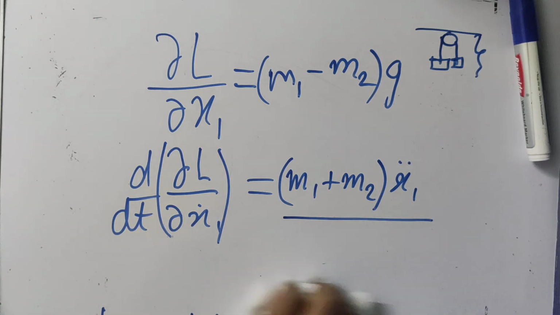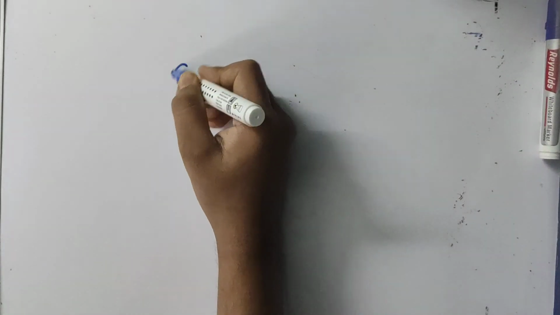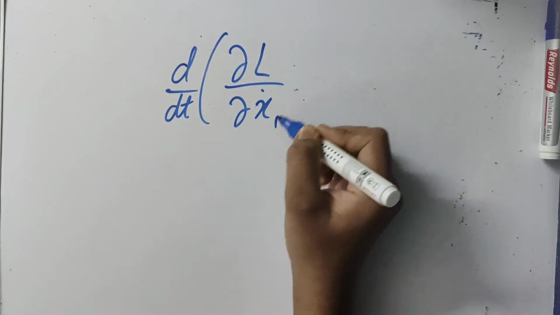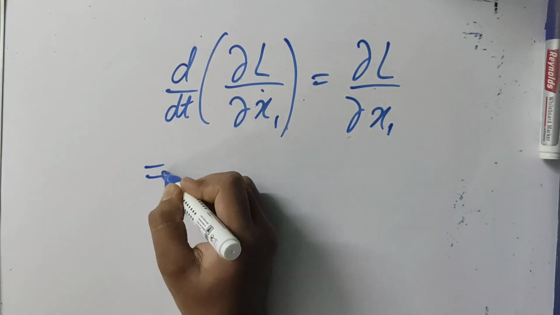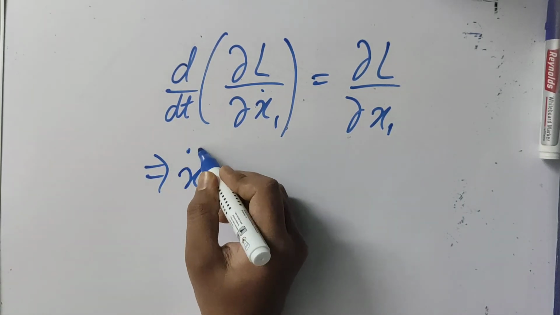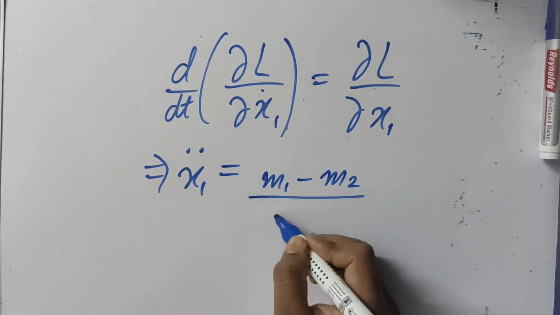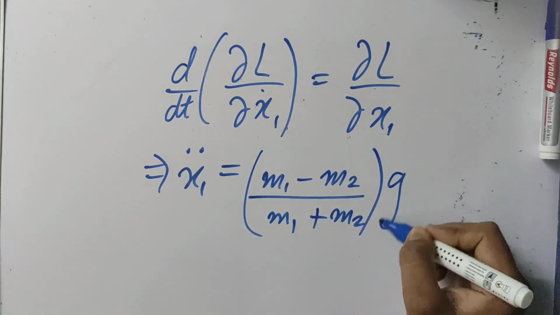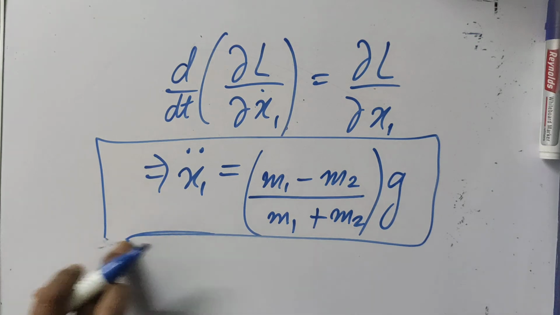So by doing that, we get the final equation of motion, which turns out to be, I'm saying that d by dt of partial of L with respect to x1 dot equals partial of L with respect to x1, and by that I mean x1 double dot is (m1 minus m2) by (m1 plus m2) times g, and this is what you had anticipated or could foresee from Newton's laws.